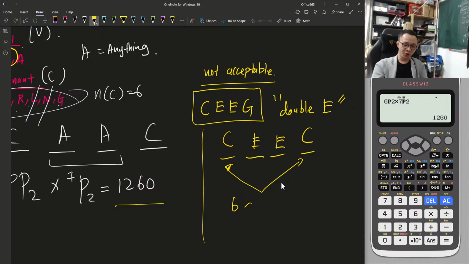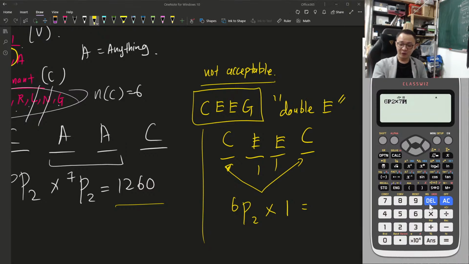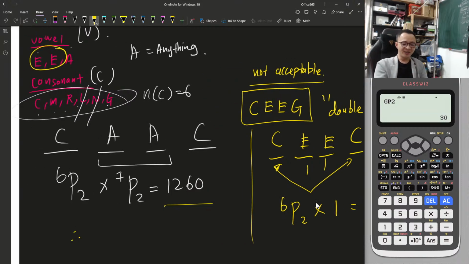We will choose 2 and arrange them. Since this is double E, it is only one way and one way, 1 times 1 is 1. So I want to find 6P2, which is 30. Therefore, among the 1260, I have 30 arrangements with double E in between. So my final answer should be 1260 minus 30, which is 1230.